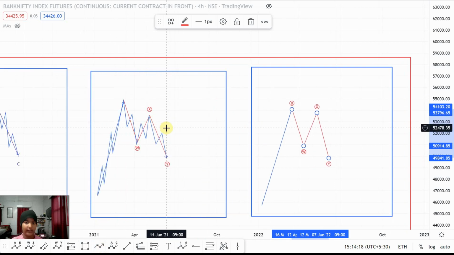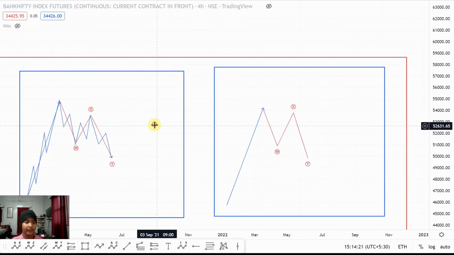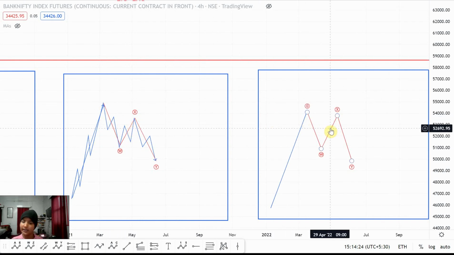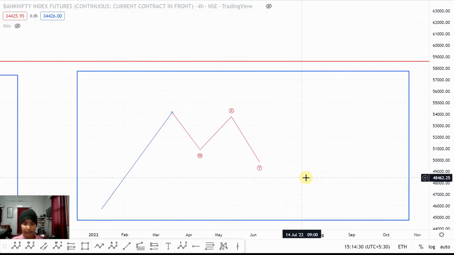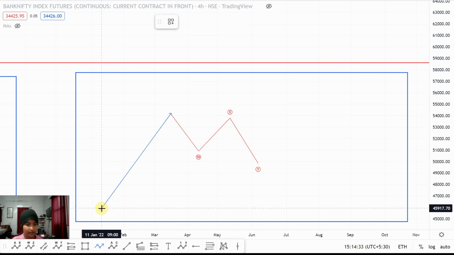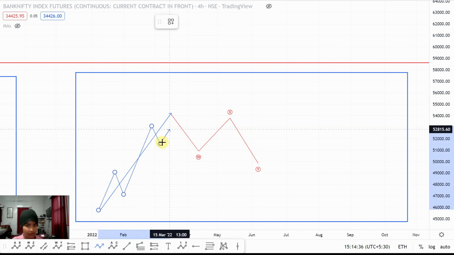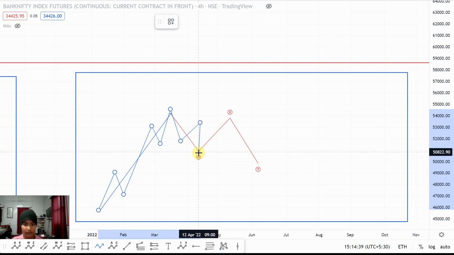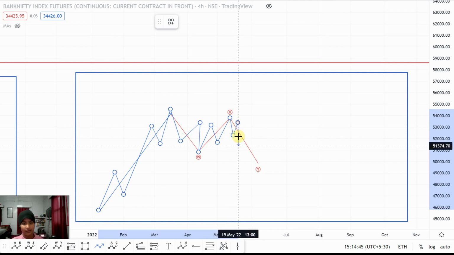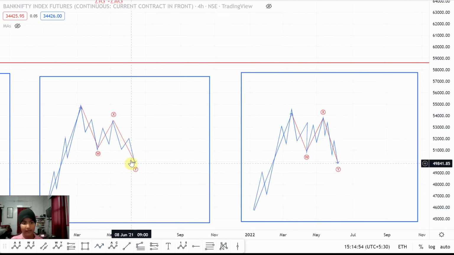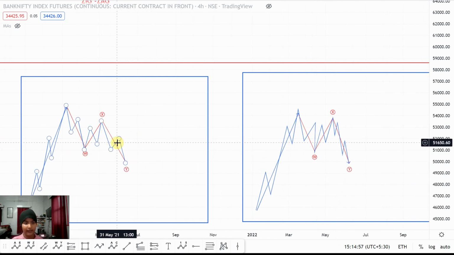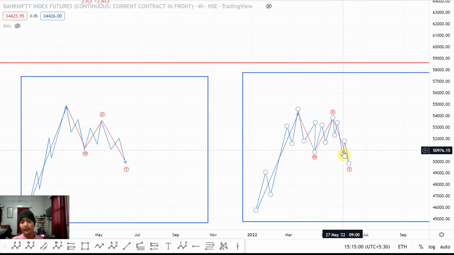What is the difference between this WXY and this WXY? The difference between them is this Y wave. Instead of it being 3 waves, it may also be 5 waves. I've marked this right here and Y in 3 waves and this right here in 5 waves.